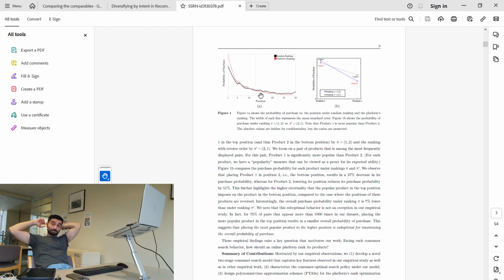Ehson was saying that Ehson's paper says that DCG is actually these probabilities that we have here.